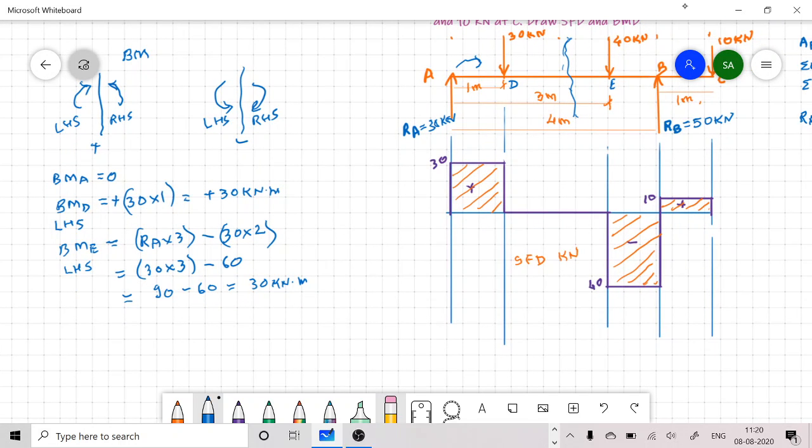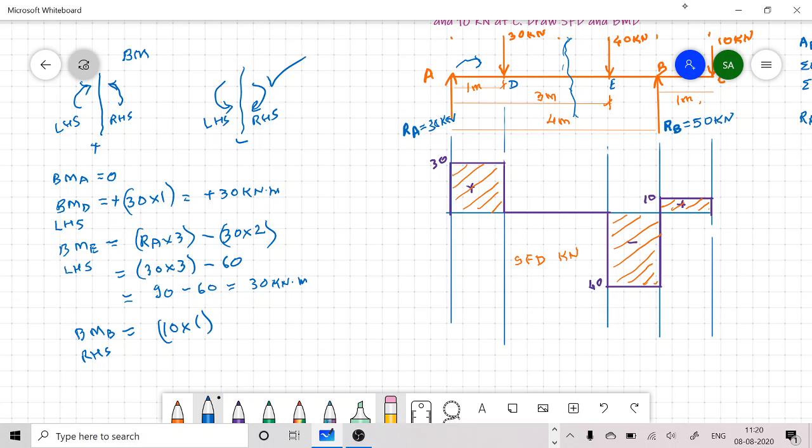Now bending moment at B. You can consider left hand side, but on left hand side of B there are three forces. The calculation is more. So to save the time, you will consider the right hand side of B, because on the right hand side of B there is only one force, that is 10 kilonewton. 10 into 1, this is clockwise on the right hand side.